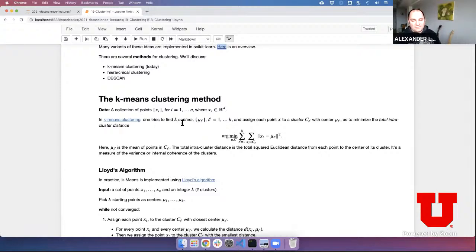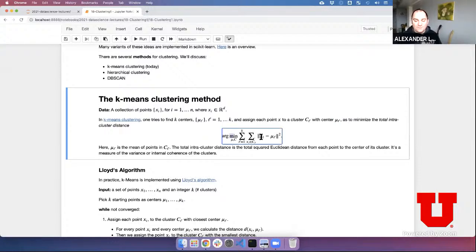So the idea is that we have these centroids mu that correspond to a cluster, and we assign the points such that we minimize the distance between each point and its centroid. So that's the formal idea, and so we want to minimize this.